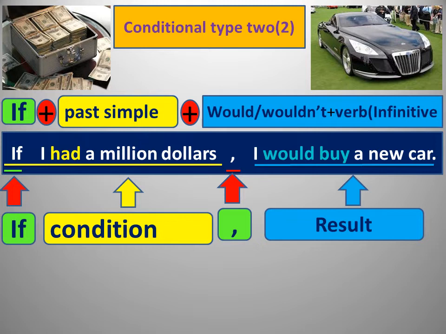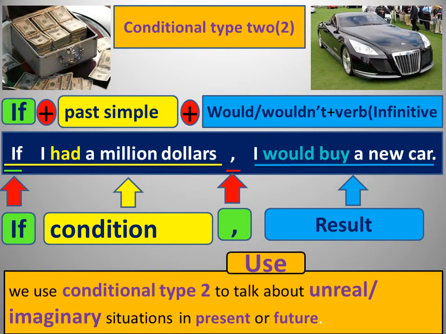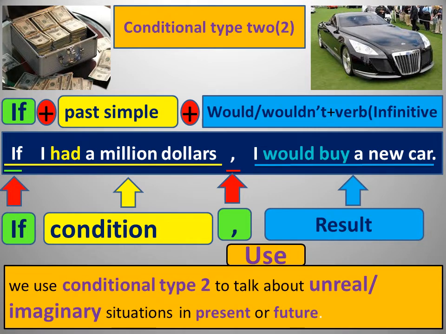Okay, now, again, when do we use conditional type 2? What is the use of conditional type 2? We use conditional type 2 to talk about unreal or imaginary situations in the present or future.